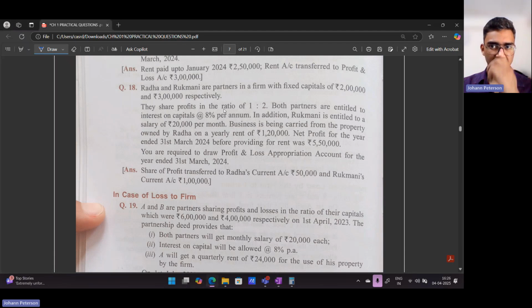Again, let's read through it. We have been told our fixed capitals, amounts are 2 lakh and 3 lakh. Profit share is 1:2. Both these partners are entitled to interest on capital at 8% per annum. In addition, Rukmani is entitled to a salary of 20,000 per month. Business is carried on from the property owned by Radha on a yearly rent of 1 lakh 20, and the net profit before providing for rent was 550.